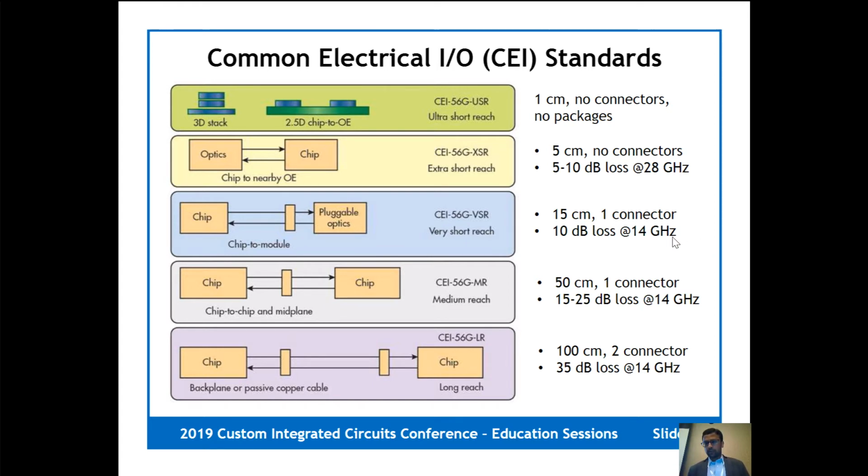And if you notice the loss specifications here for 56 gig PAM4, 56 gig aggregate data rate, VSR and above, the loss specs are at 14 gigahertz, so that's an indication that it's PAM4 modulation. And then USR and XSR are actually spec'd at 28 gigahertz, so that's NRZ modulation.